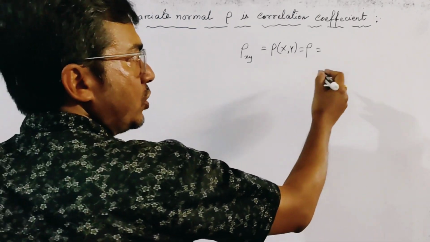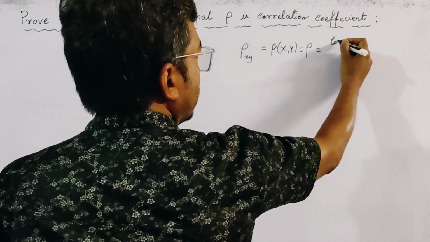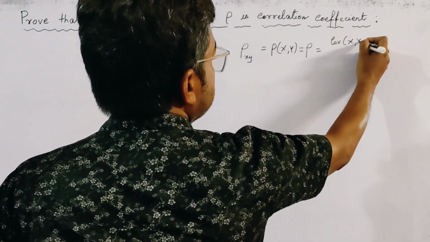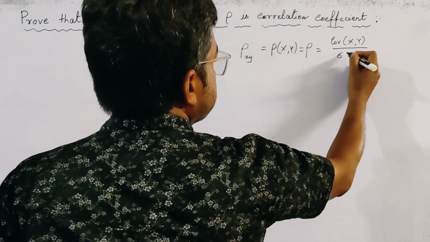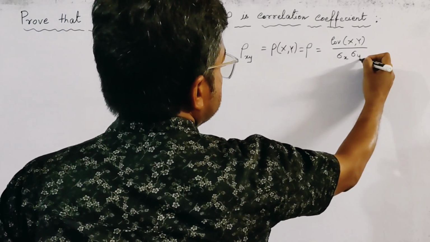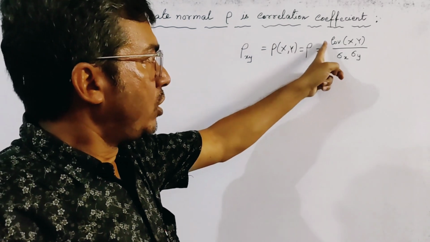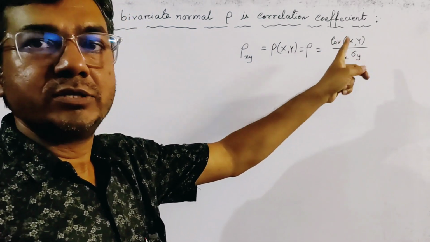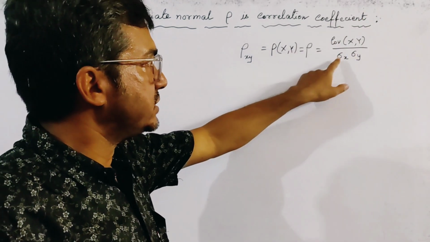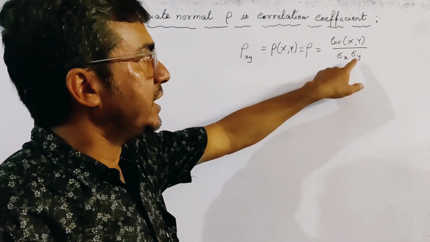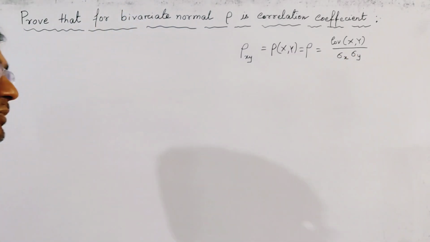And the definition of rho is covariance of x and y divided by sigma x into sigma y. This is cov xy, that is the covariance of x and y, and these are the standard deviation of x and standard deviation of y.